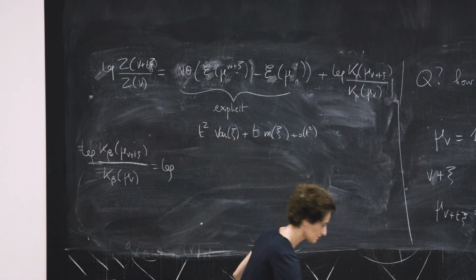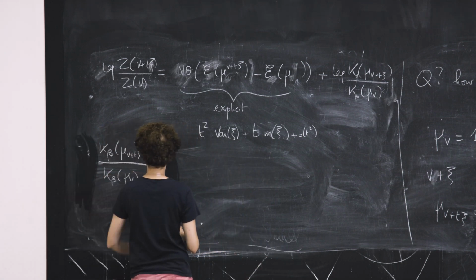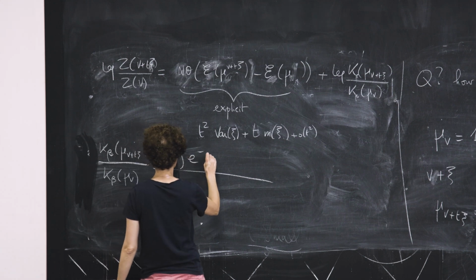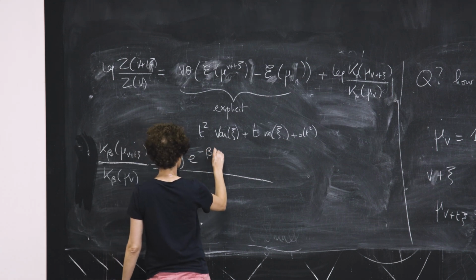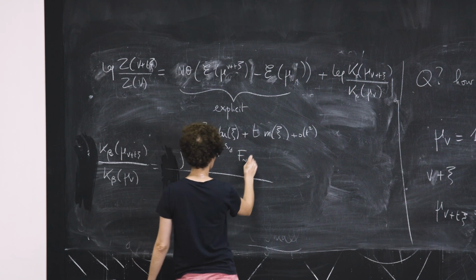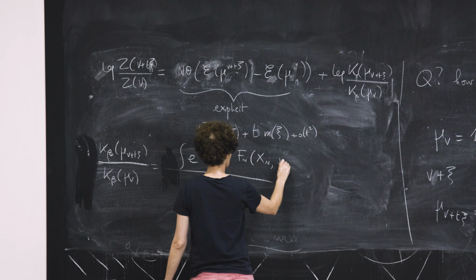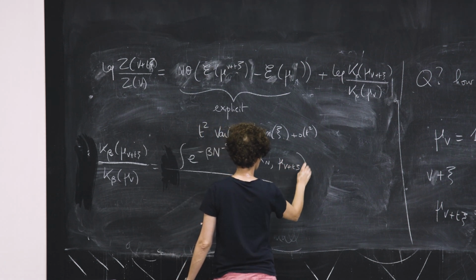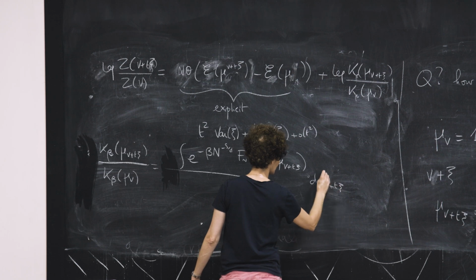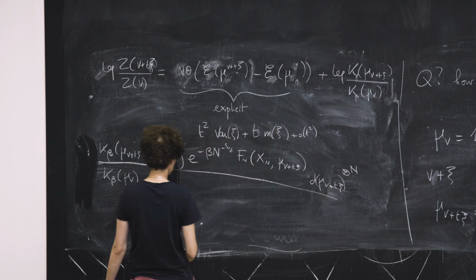So this is where I do my transport or my change of variables. Maybe let's not put the log for now. It's a ratio of two integrals again. It's e to the minus beta, and here I had fn of xn, mu v plus t xi, and here I have mu v plus t xi tensor n times.